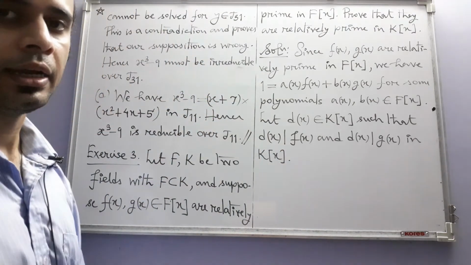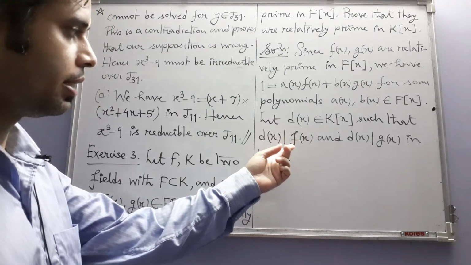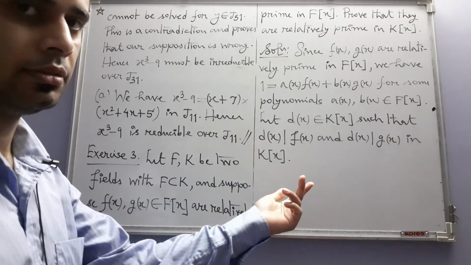This in K[x] part is important. The meaning of this relation is that f(x) is equal to d(x) times something.